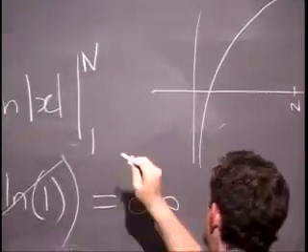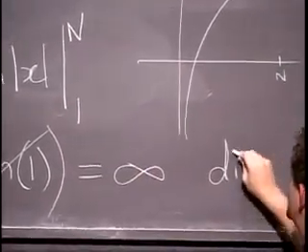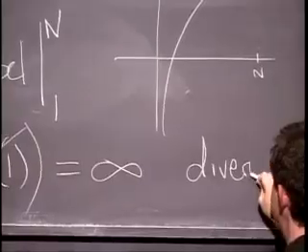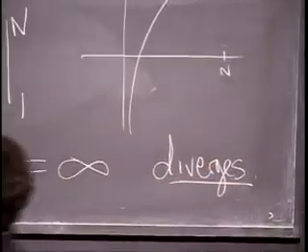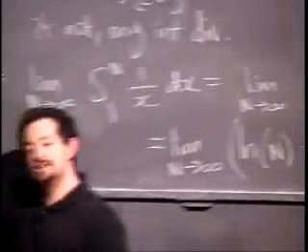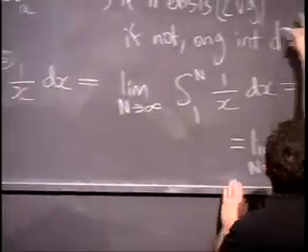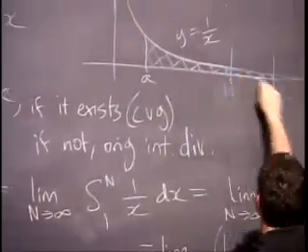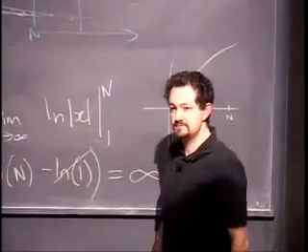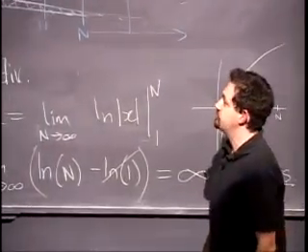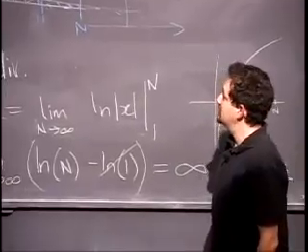So you get infinity. So our integral of 1 over x from 1 to infinity, that area up here, again, you need infinitely much paint to keep going.